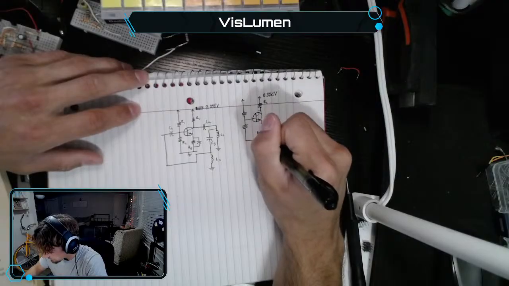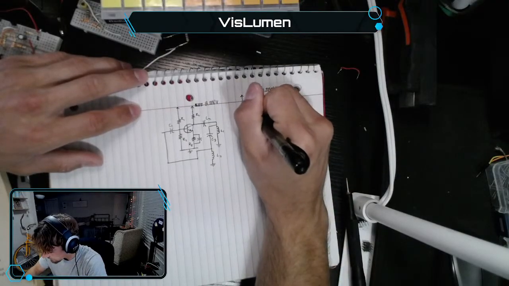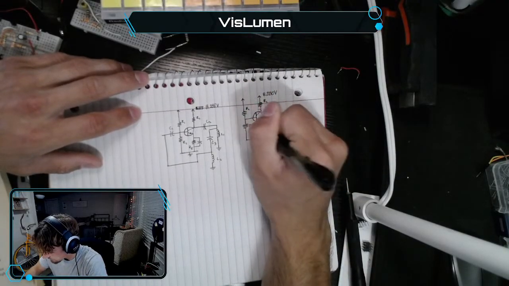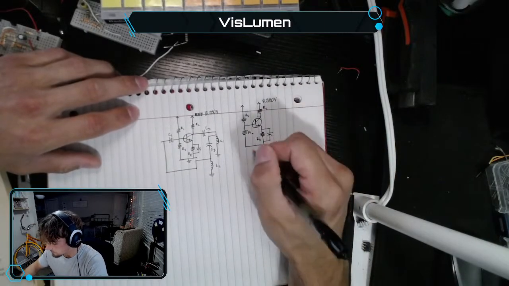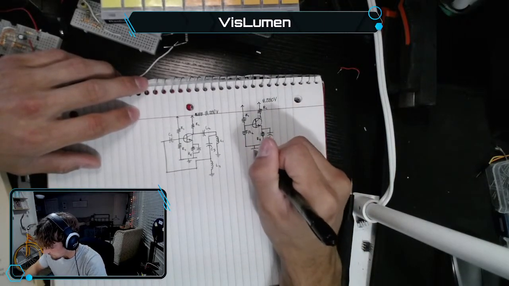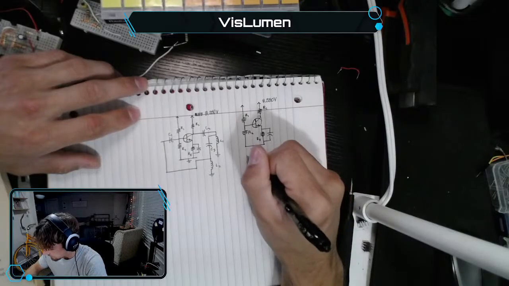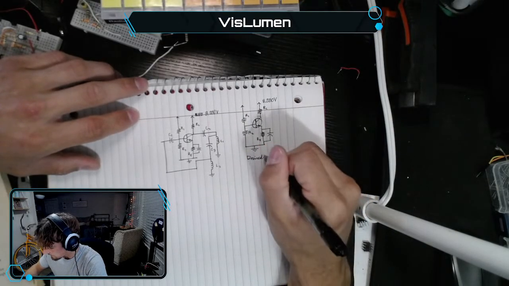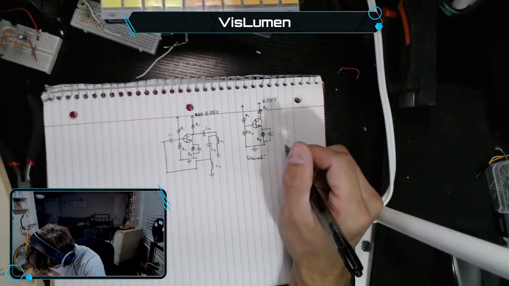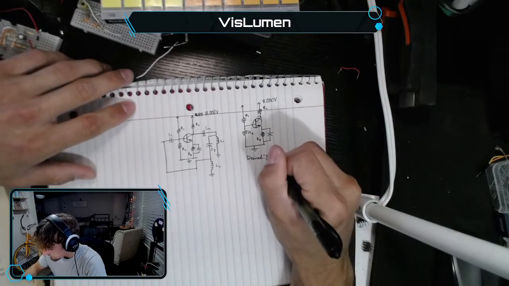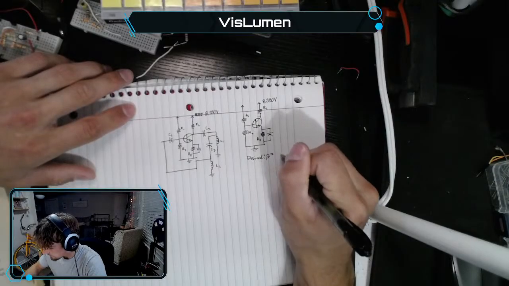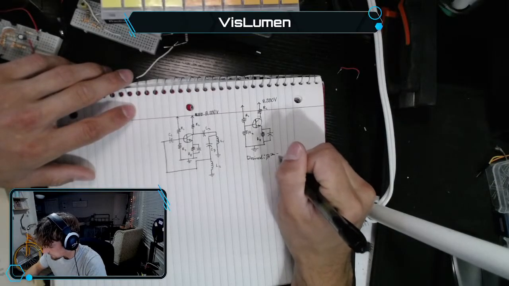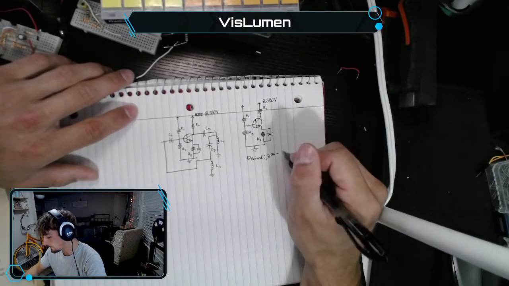RC, RE, R1, R2. Okay, we're going to, so, ground. Okay, desired. I'll put that on. Beta approximately, I was gonna write equal to again.